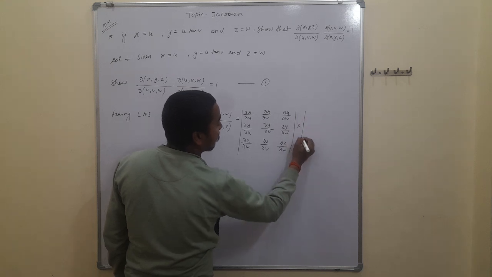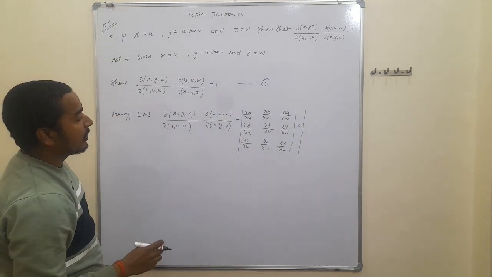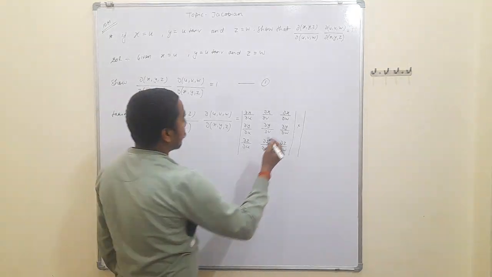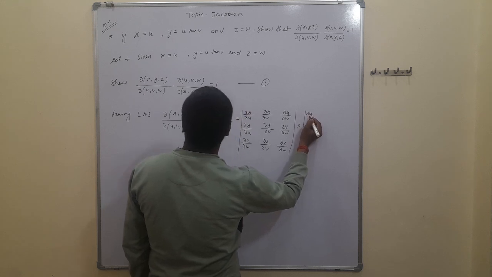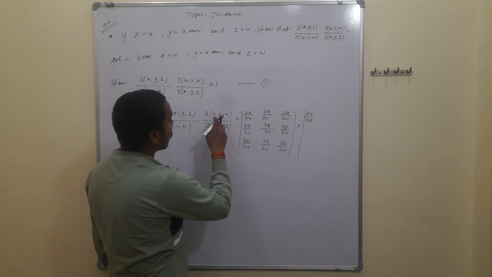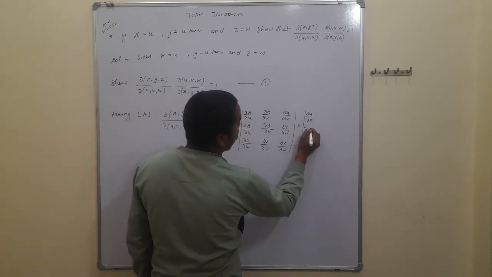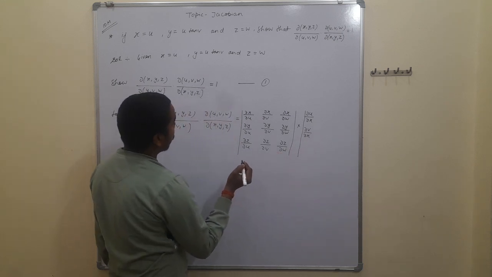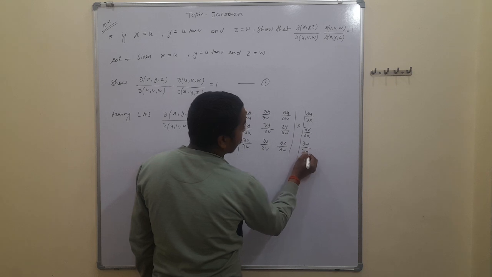For the second, del of u comma v comma w upon del of x comma y comma z is given by del u upon del x, del v upon del x and del w upon del x.